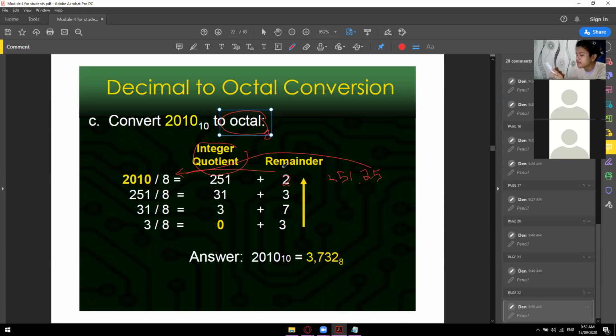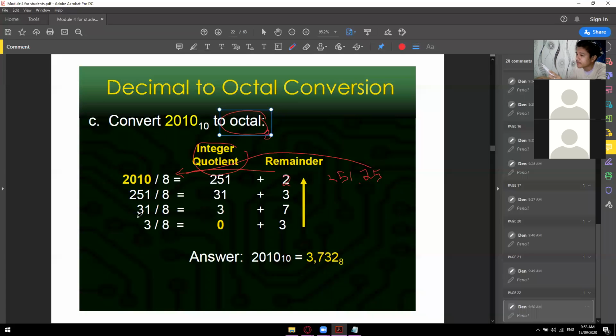So 0.25 times 8 is 2. Just do that so it is faster. So 251 divided by 8 is 31.375. So 31 is the whole number, and then 0.375 times 8 is 3. And that would be your remainder.